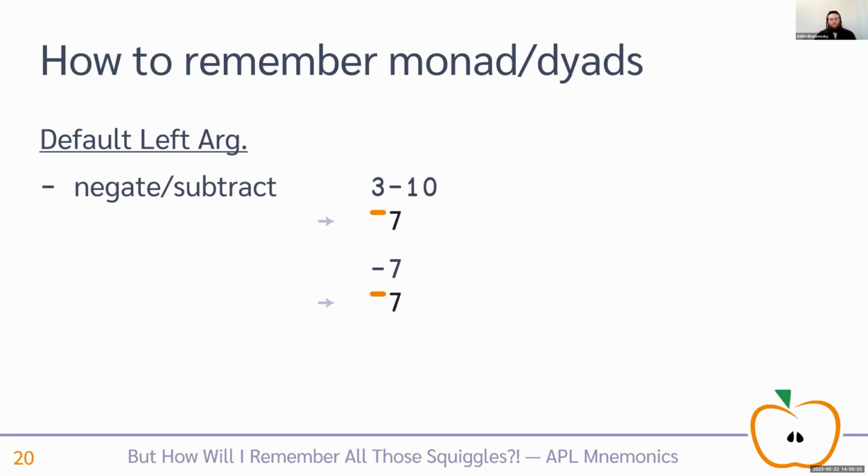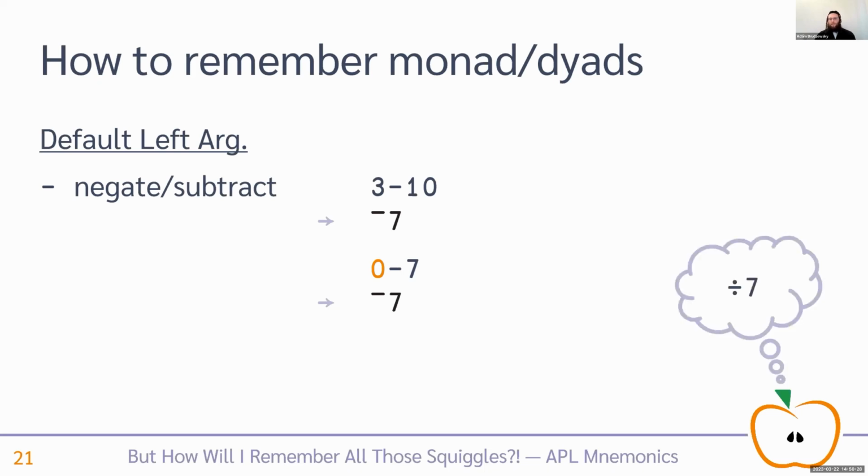But if you think about negation, it's really the same thing as just subtracting a number from 0. You start at 0 and you count down. So the relationship between monadic and dyadic minus is that there is a default left argument in the monadic case. It defaults to 0.